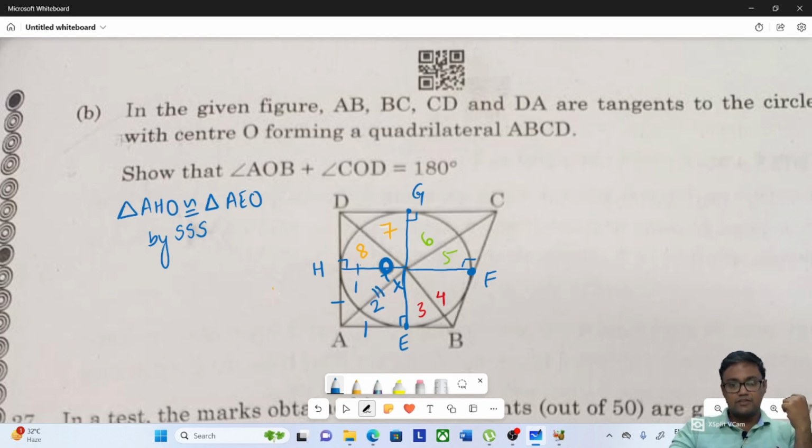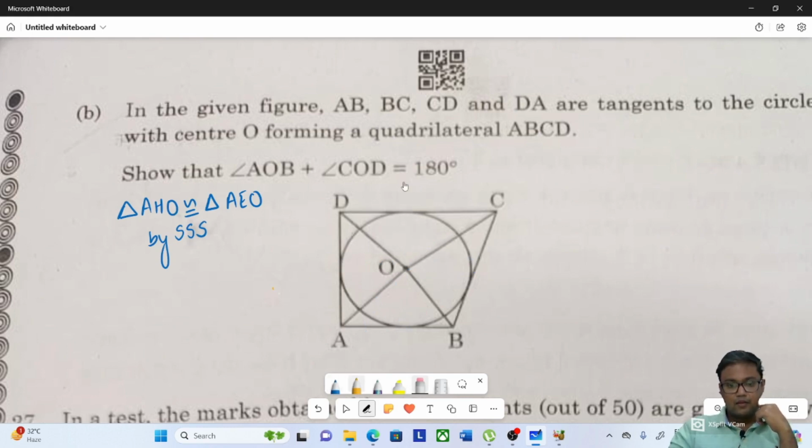AO is a common side and HO is equal to EO, radii, right. By SSS these two triangles are congruent, and then by CPCT you can show that these two angles, angle 1 will be equal to angle 2.